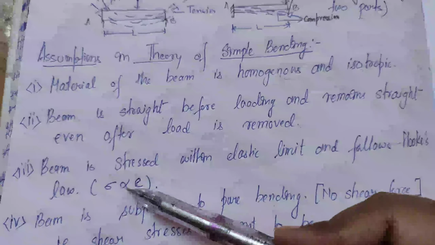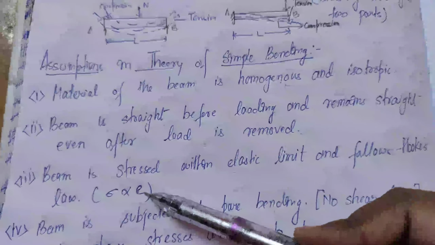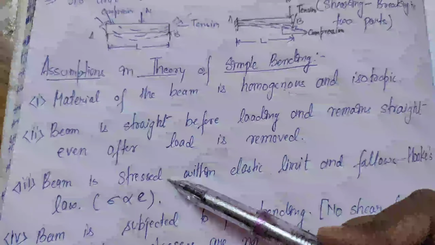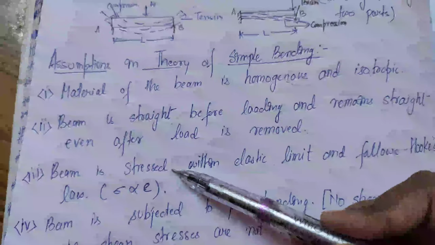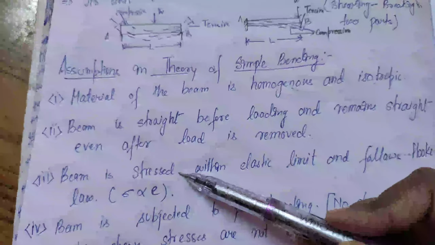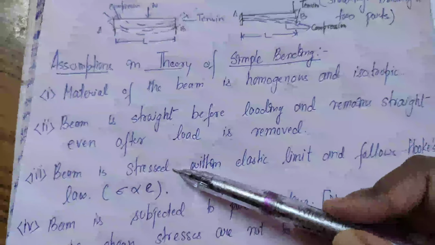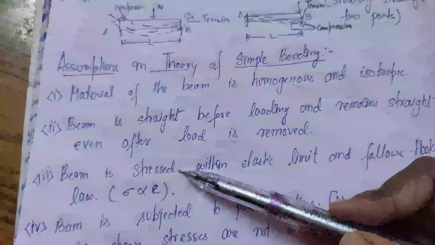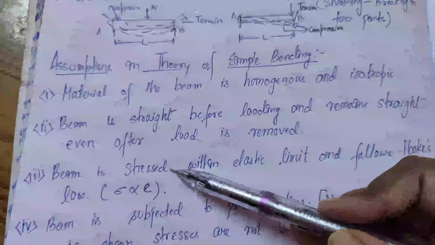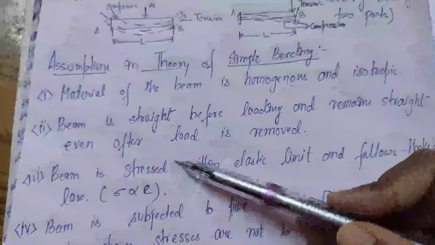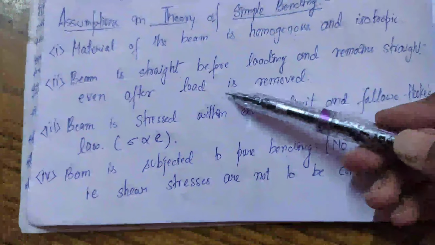That means stress is directly proportional to strain. So you can stress your beam within the elastic limit, where stress is directly proportional to strain. When you apply a load, it will be deflected, and when you remove that load, it will come back to its original position. That means this beam does not have permanent deformation as per these assumptions.